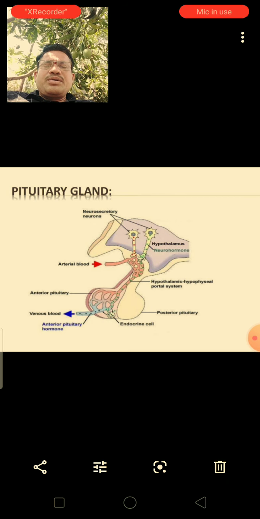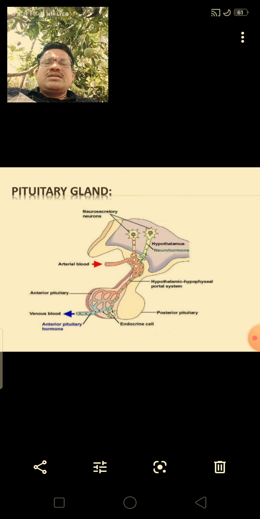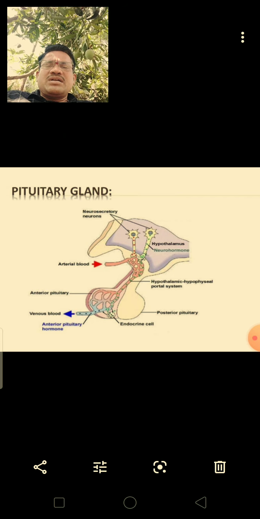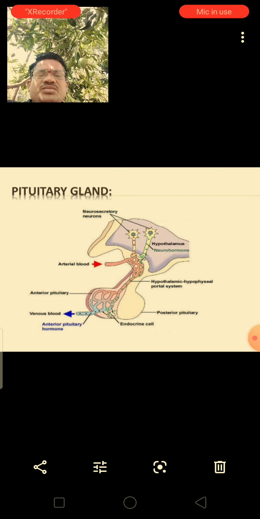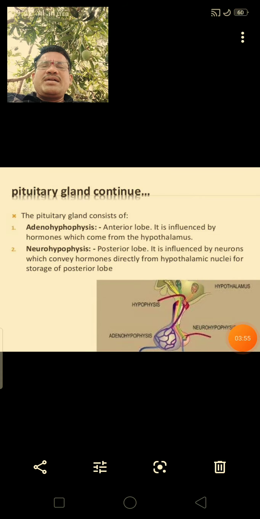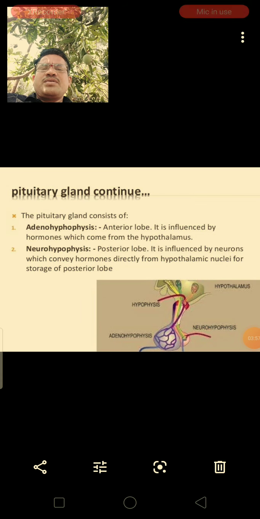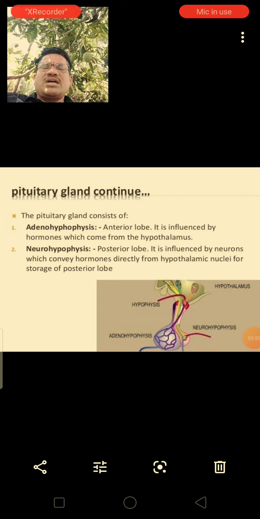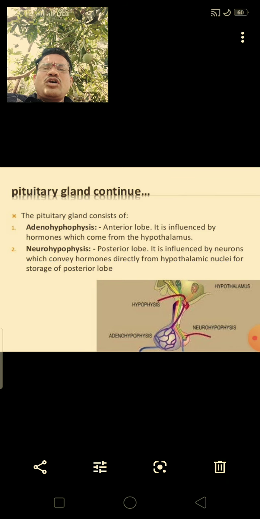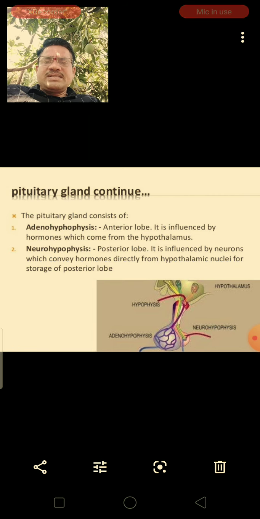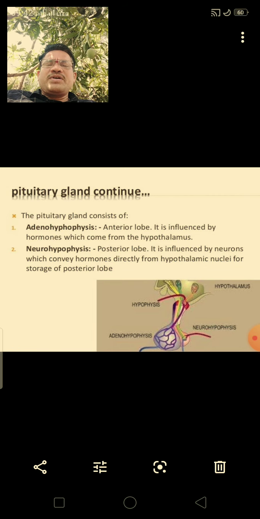The pituitary has a posterior part, mid part, and anterior part. Okay. Pituitary gland consists of two major parts. Those are adenohypophysis and neurohypophysis. Adenohypophysis is the anterior lobe, the neurohypophysis is the posterior lobe.